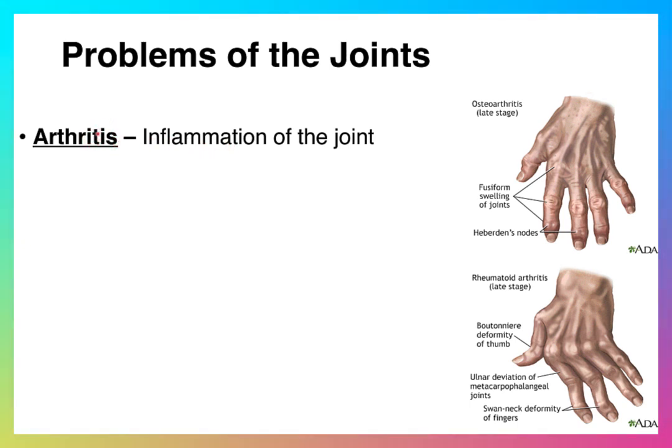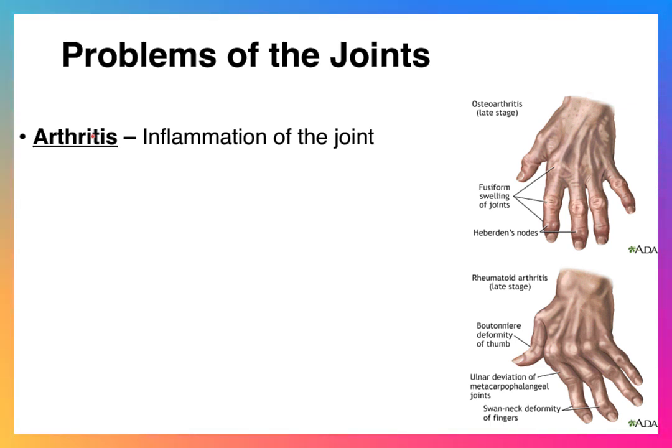And it generally means, when it's used, that there are the four classical signs of inflammation. So, for example, if you have bursitis, that's inflammation of the bursa. If you have arthritis, that's inflammation of the joint. If you have retinitis, that's inflammation of the retina, etc.